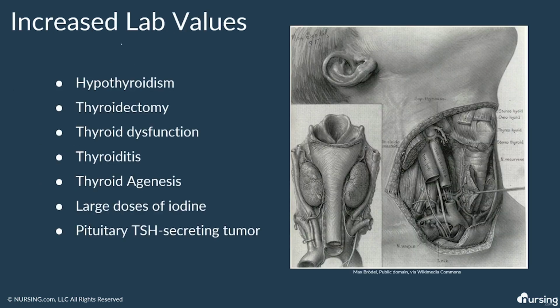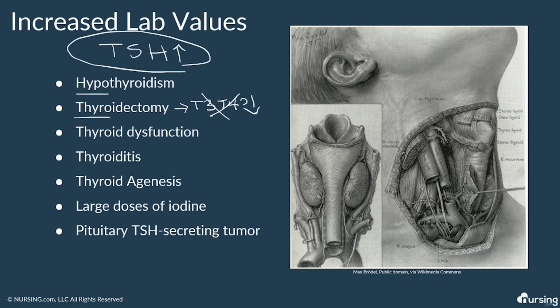When an increase of TSH is noted, that tells us of the presence of hypothyroidism. It can also mean a thyroidectomy. If you don't have a thyroid, can you produce T3 or T4? No. And if those are low, what did we just talk about? The TSH is going to be high, right?